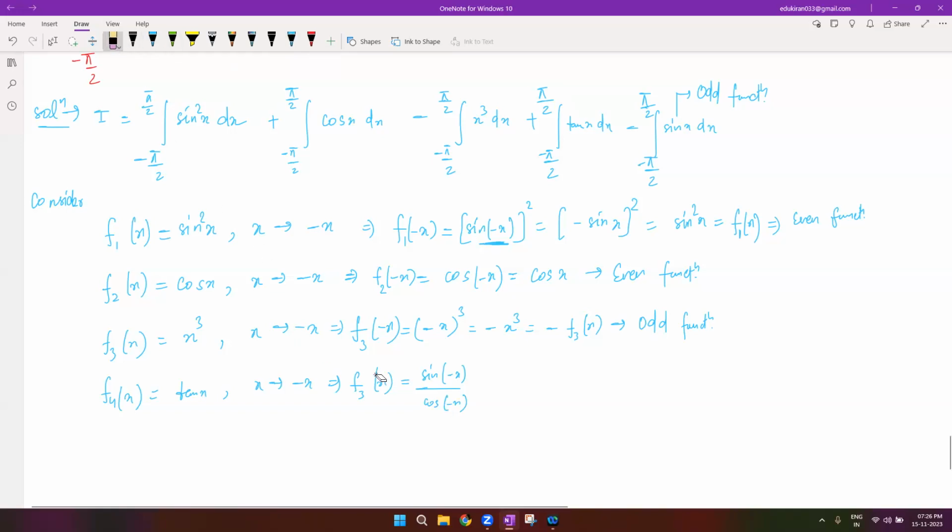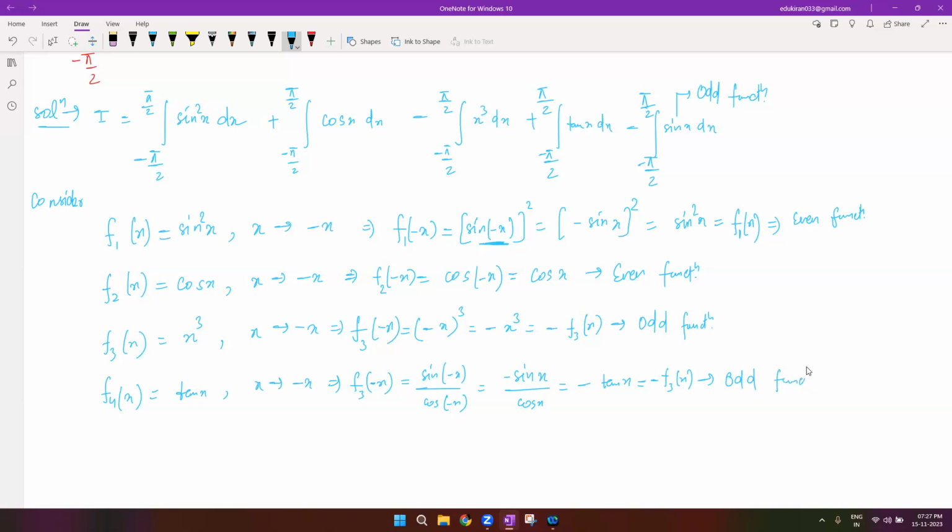We should write minus x here. Now we know sine of minus x would be minus sine x and cos of minus x would be cos x only. So all of this becomes minus of tan x, which is minus of the original function. So this is also an odd function.